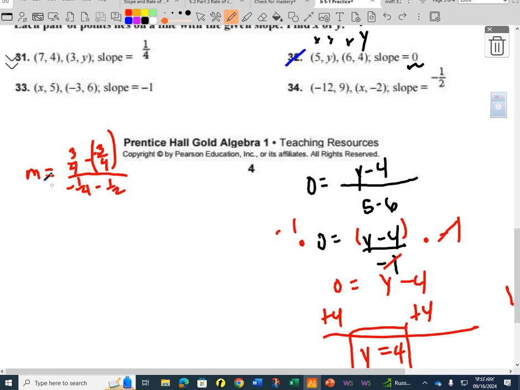Remember, these are the y's, these are the x's. So on your calculator, use your ABC buttons, and these fractions are no different than any other numbers, because we get to use our fractions. So it's 3 ABC 4 minus left parenthesis, 3 positive negative ABC 4, close your parenthesis.